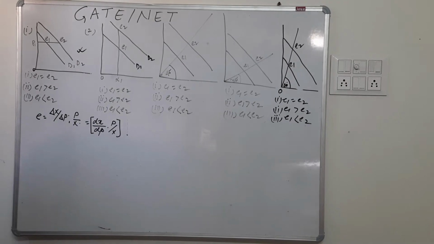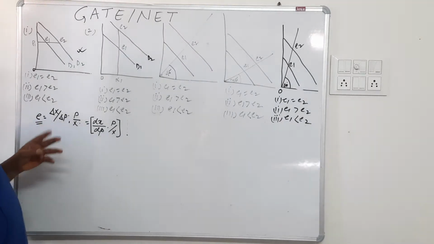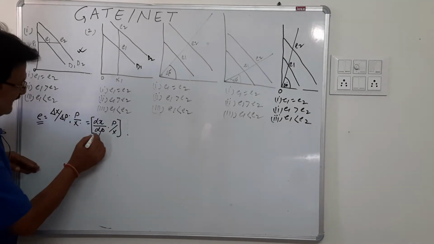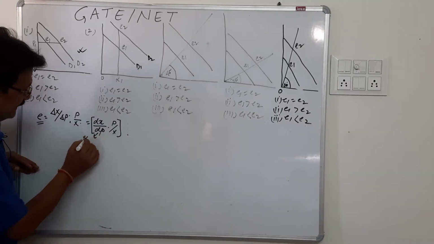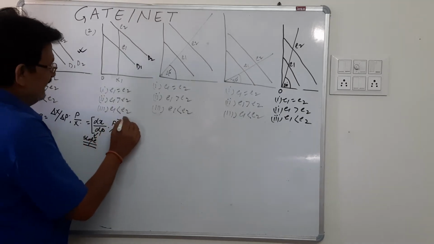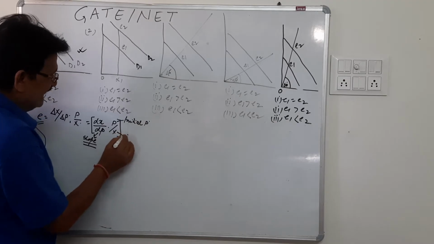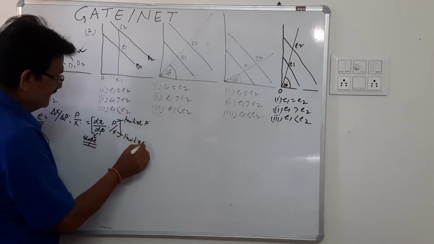It is apparent that price elasticity of demand depends upon three factors. This dx by dp is the slope of the demand curve, p is the initial price, and x is the initial demand.